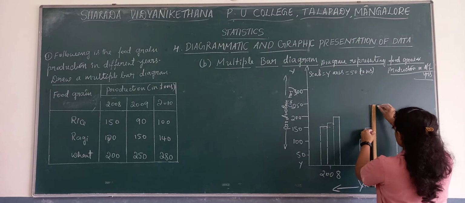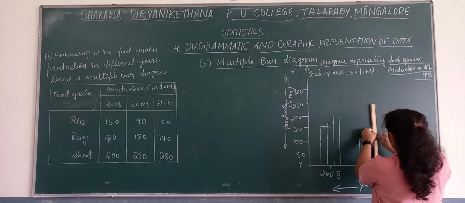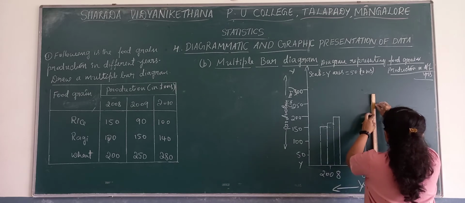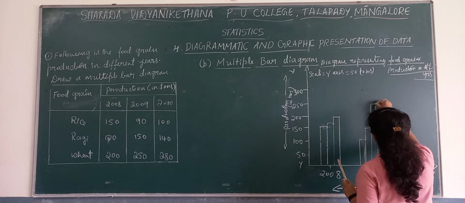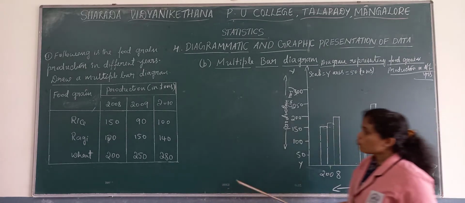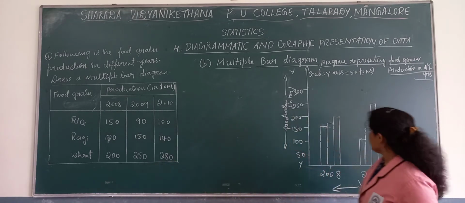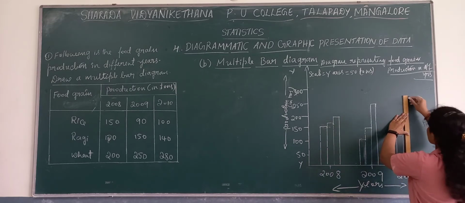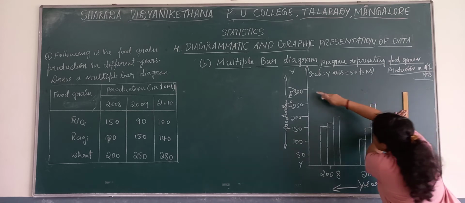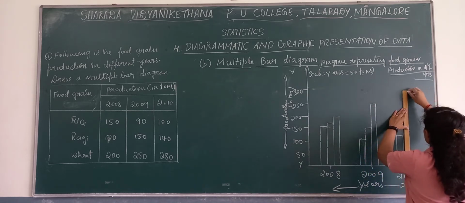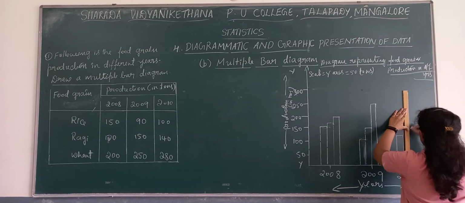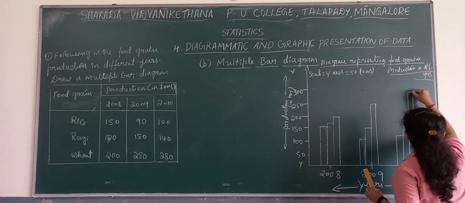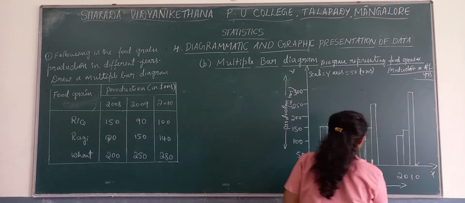Wheat in 2009 it is 250. Now wheat in 2010 it is 280. Here it is 280, which goes up to just below 300. That's about wheat.